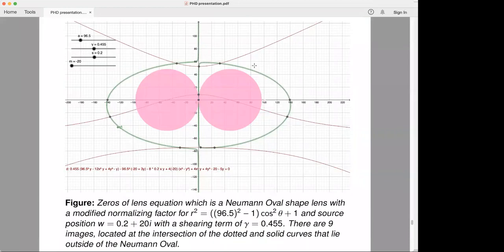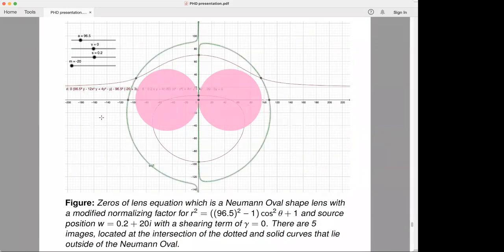As I said, we will have 9 solutions at most. That's the sharpest bound we could get: 1, 2, 3, 4, and 5, 6, 7, 8, 9 when the shear term is not 0, and here it's 5 when the shear term is 0.